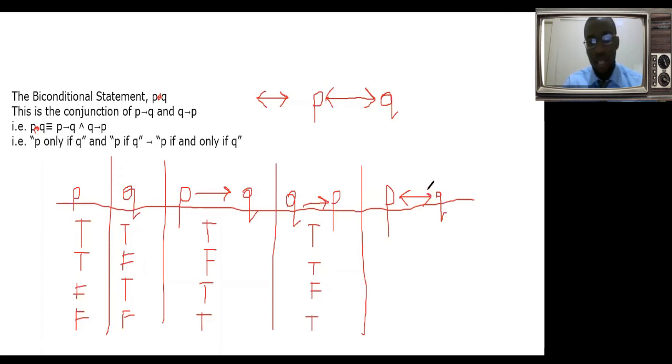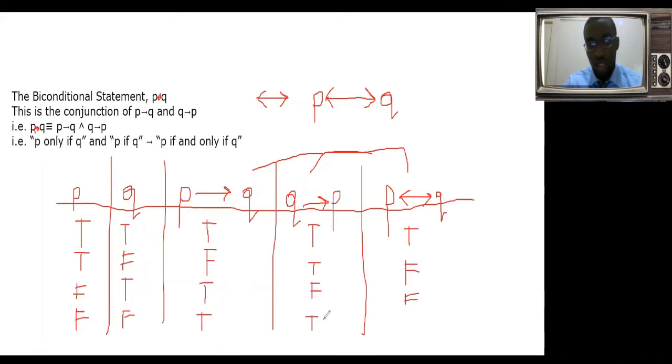Then now to get the biconditional, we're going to be looking at both this and this, and we need a conjunction. So true and true is true. False and true is false. True and false is false.